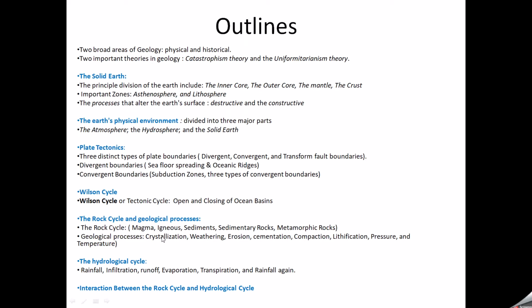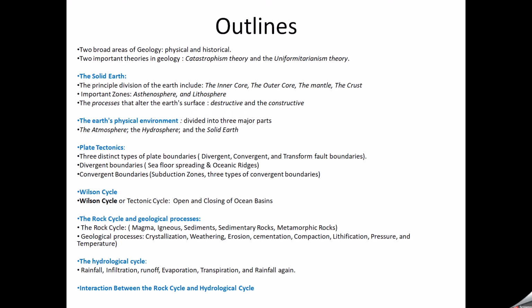The rock cycle and geological processes. The rock cycle is very important in geology and shows the process of how magma transforms to igneous rocks, and then sedimentary rocks and metamorphic rocks. Then we'll study the geological processes that work on these transformations, which are crystallization, weathering, erosion, cementation, compaction, lithification, pressure, and temperature.